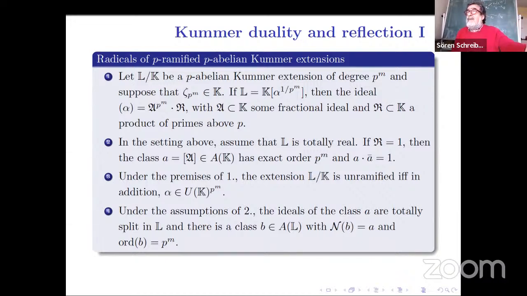When it generates a radical, it capitulates, but it has split during the same time. So it produced by splitting another class of order P to the n. This will eventually lead to the contradiction.